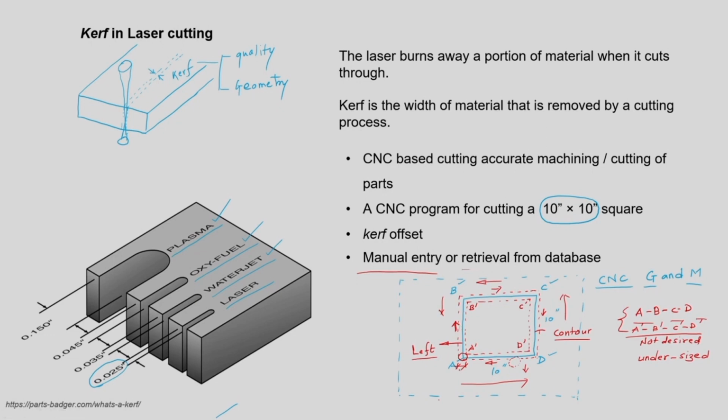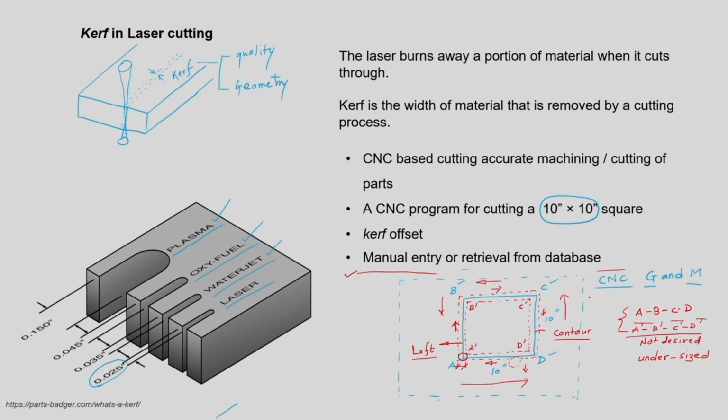This value of curve width you can either enter manually or retrieve from the database. All the advanced CNC based laser machines have the data related to this curve width.